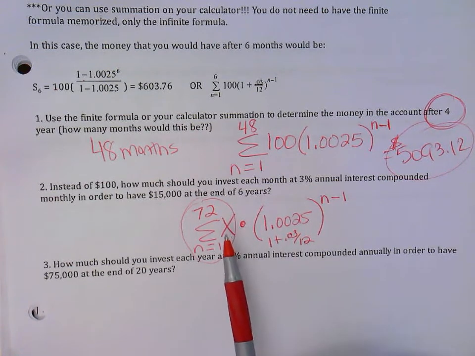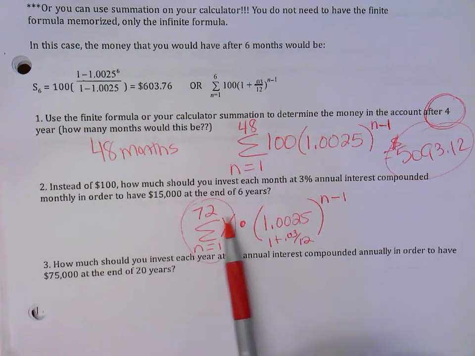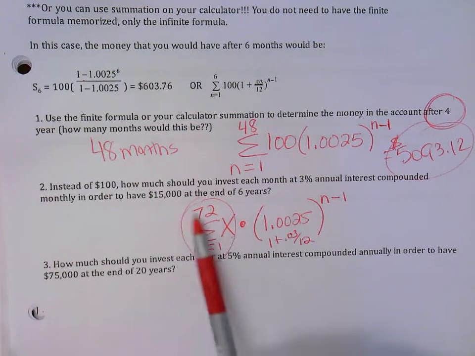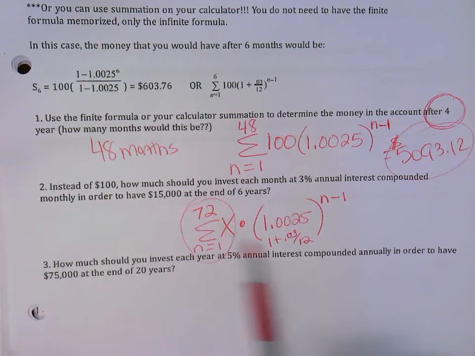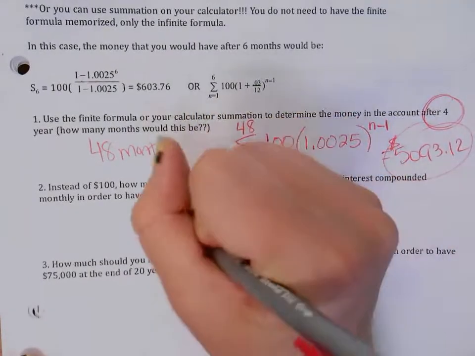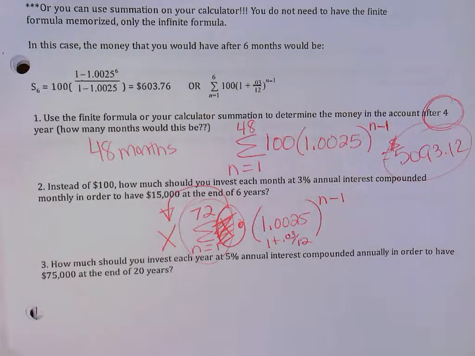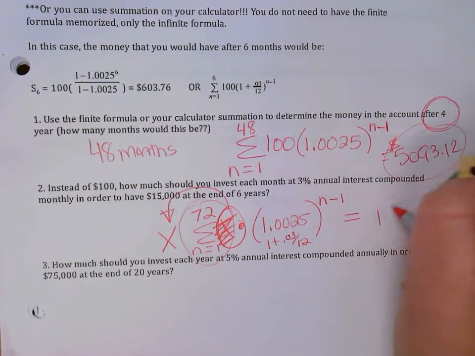So because you're going from 1 to 72 and you're investing the same amount every single time, it's kind of like the distributive property. It's going to be like this number times 72, and then you're going to do the interest. You're actually allowed to pull the X out front and use it kind of as a multiplier, like it's the distributive property. And we want our answer to be 15,000, right?